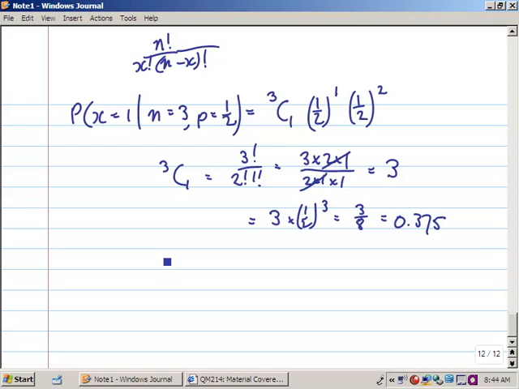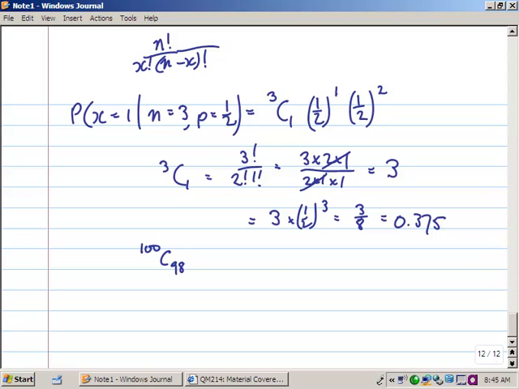So, we can do some really big calculations, and they're sort of easy. Even your calculator might die on some of them. Let's say that we had to calculate 100C98.